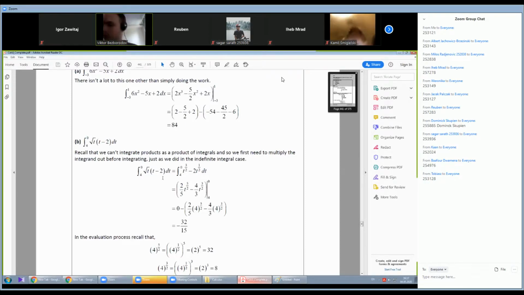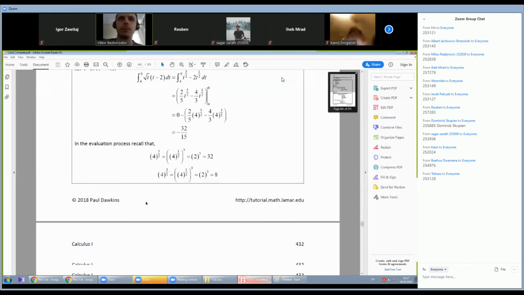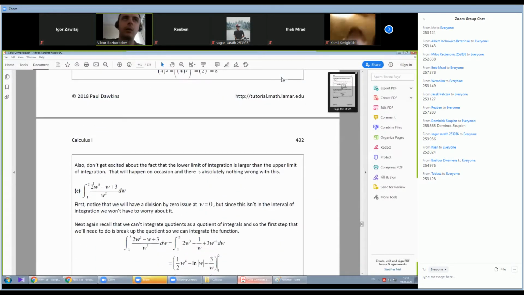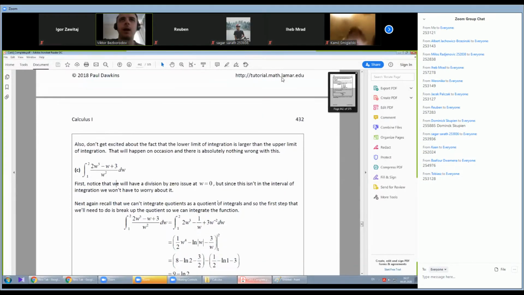It's fine to have the square root of t for non-negative values, and here t is non-negative, right? So that's fine. And here we have the square in the denominator, but that's fine because the interval is from 1 to 2. So the interval does not include 0, right? So that's fine.